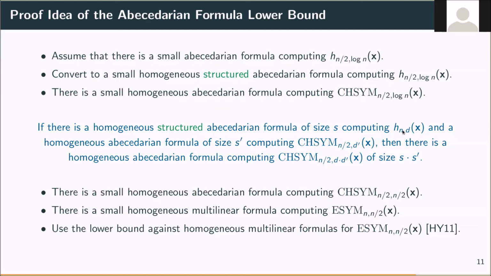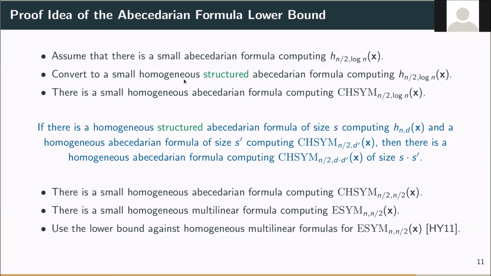Okay, this should be n by 2. So then there is a homogeneous ABCD formula computing CH-sim n by 2 of degree d prime of size s prime.